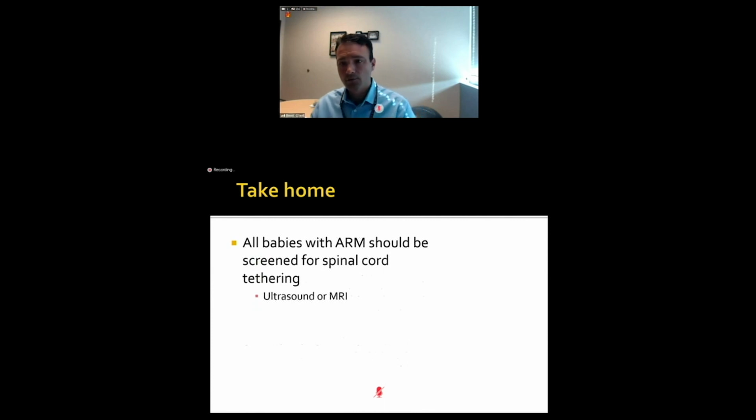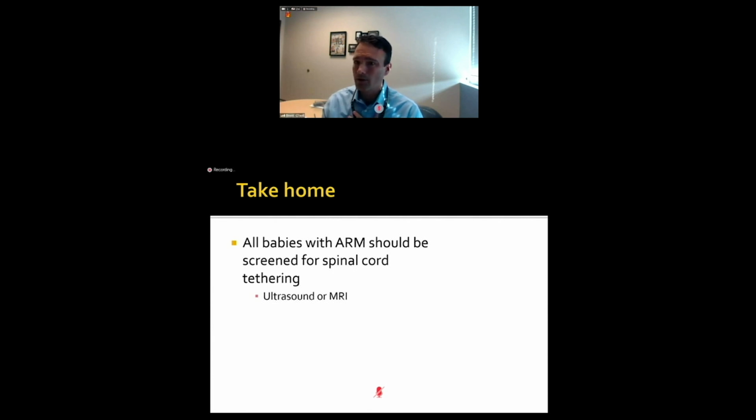So a couple of take-home points about what I've talked through so far. All babies with anorectal malformations should have some form of screening for spinal cord tethering. It really can make a big difference making the diagnosis early on, knowing whether that's present or not, and often offering up an operation in infancy in order to prevent symptoms from developing.